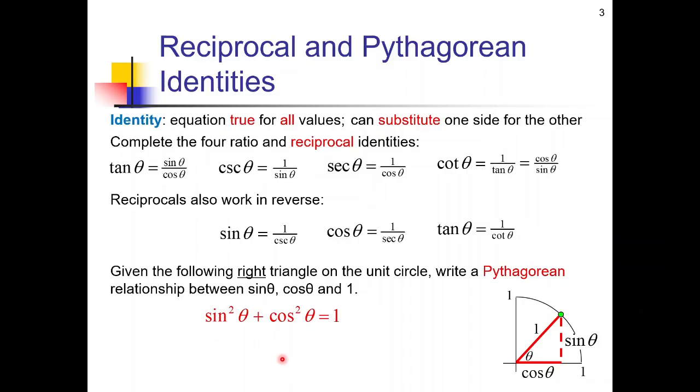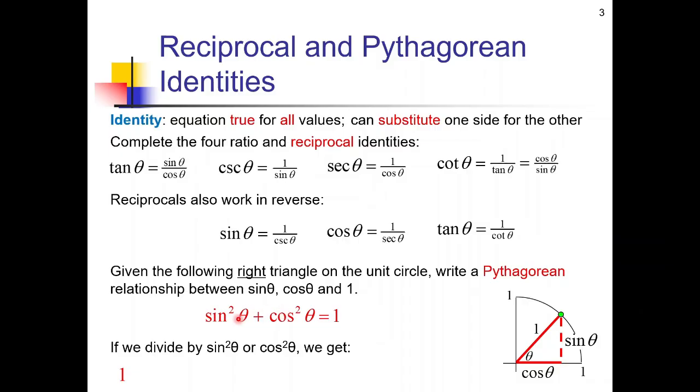So it turns out there are two more Pythagorean identities, and we can access both of these by dividing this identity first by sine squared and then by cosine squared. So first I'm going to divide this whole thing by sine squared. Sine squared divided by sine squared is just going to be 1, anything divided by itself.